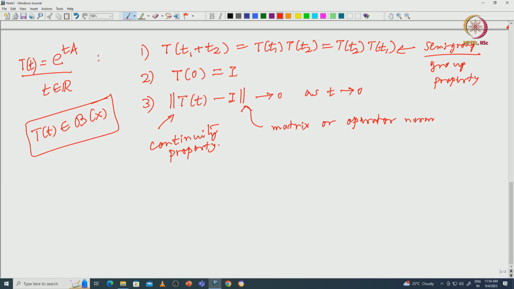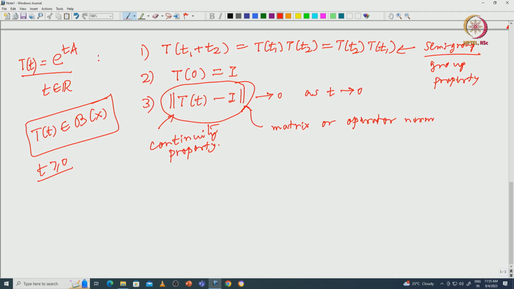So, at least we hope this one for t non-negative. So, that is fine. Then it becomes only a semigroup, not a group. And again this one turns out to be a very strong property.